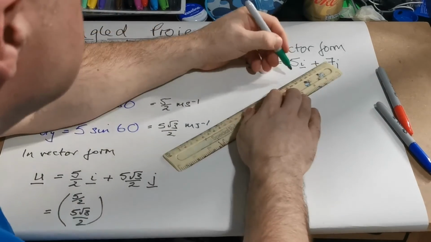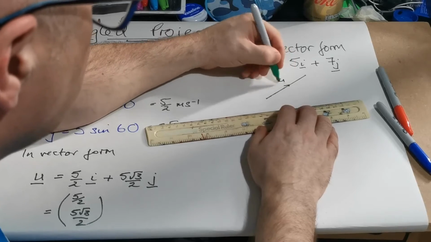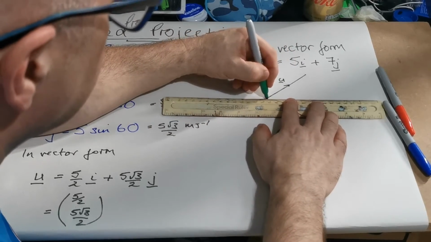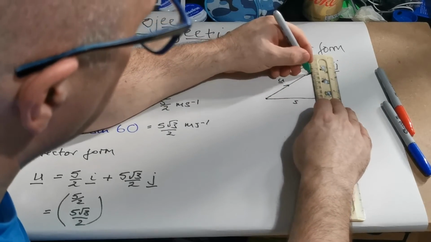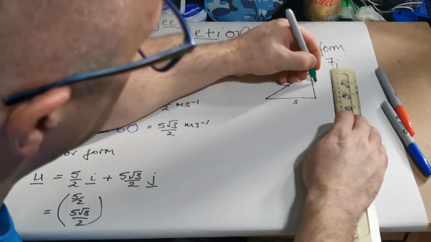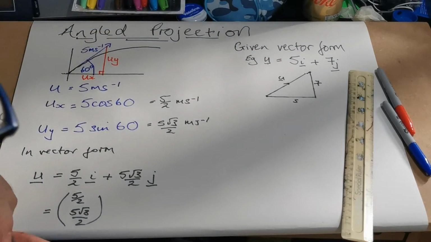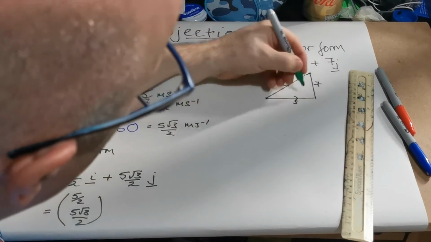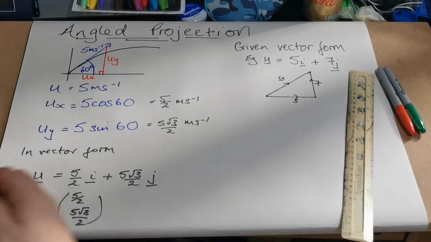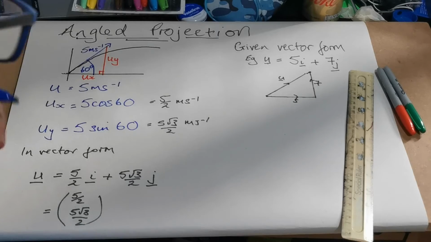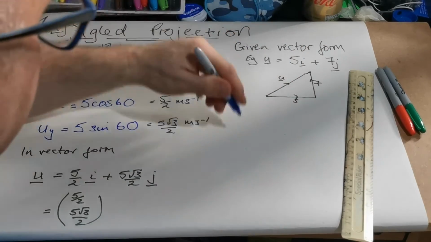So what we're saying there is that our vector u is made up of going 5 in that direction and 7 in that direction. So it's only just simple GCSE maths then to find out what the scalar form of u is.